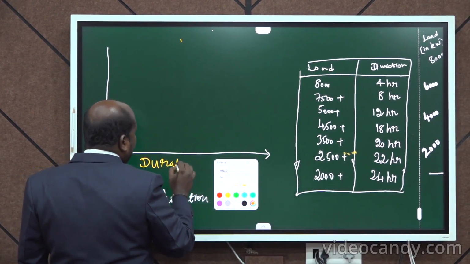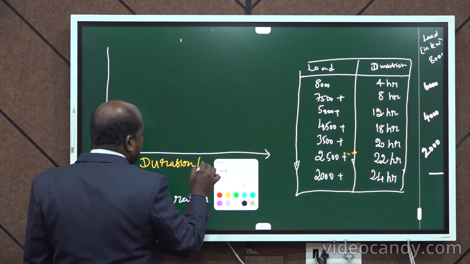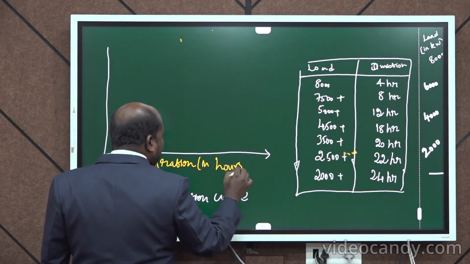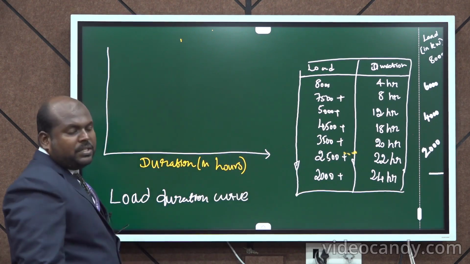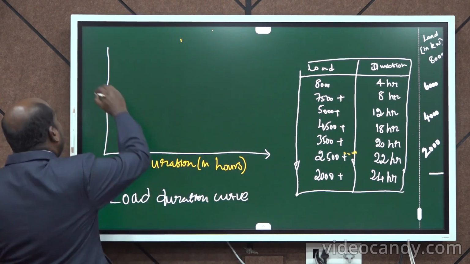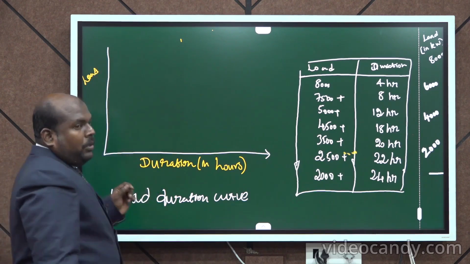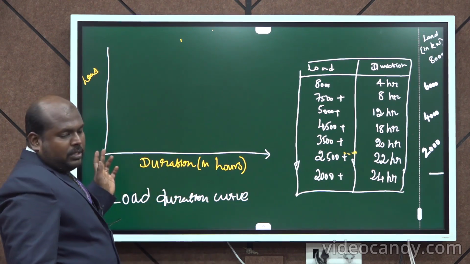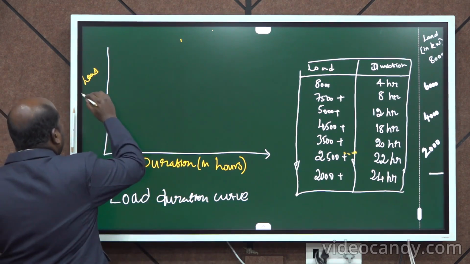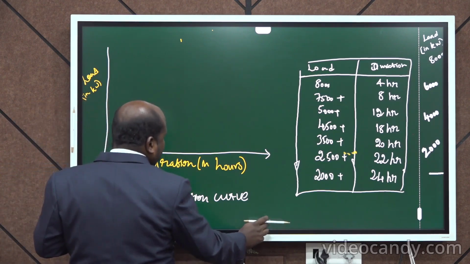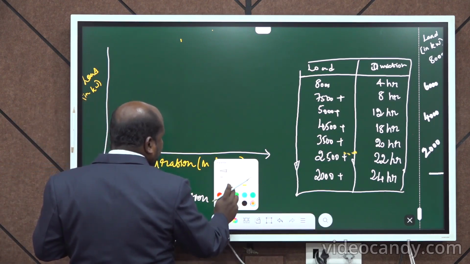So it's my duration in hours, followed by which we are going to have a load now. So load is going to be in kilowatts. So here it is going to be mentioned in the kilowatts, right? So next my tabulation is going to begin this way.